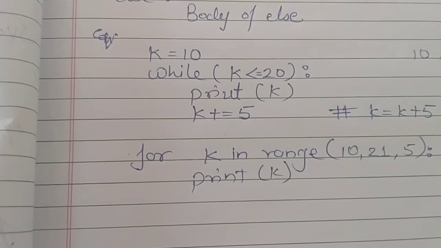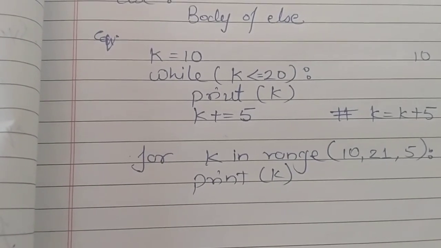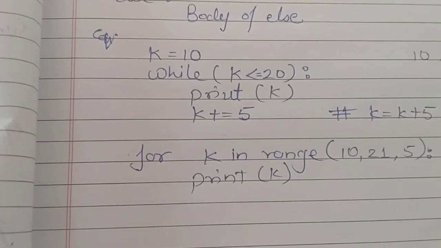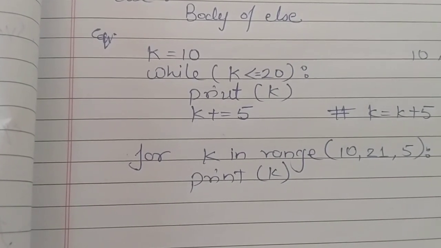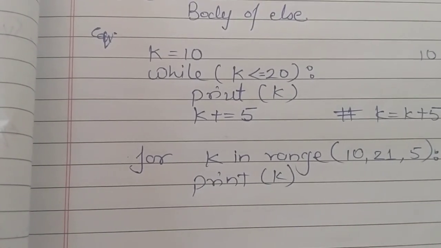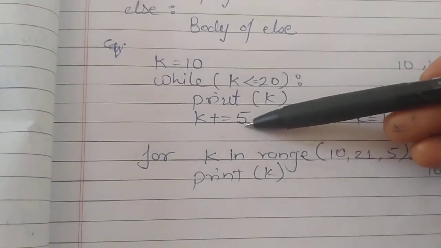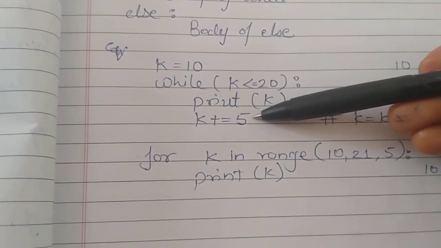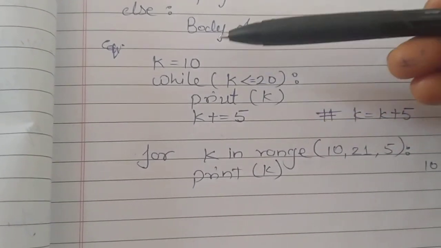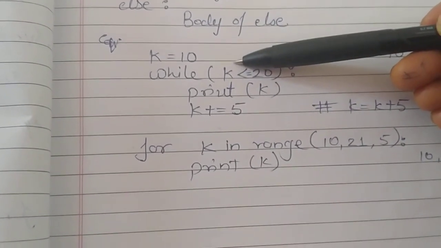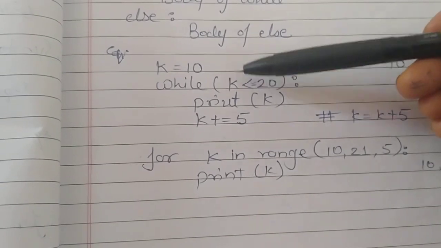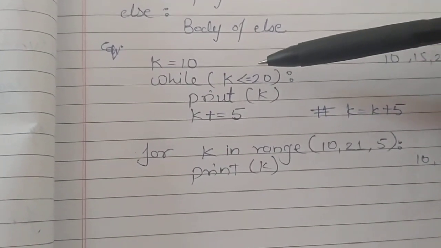So 10, 11, 12, 13, 14, 15, 16, 17 till 20. Okay. Print k. So every time we are printing k, the output should be 10, 11, 12, 13, 14 till 20, but it is not. Why? Because the updation to the variable we are doing is plus 5. Plus 5 means jump of 5. First time it is 10, then the next value will be 15, and it will go like this.